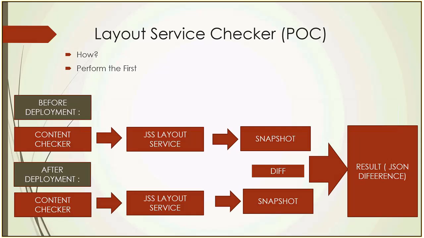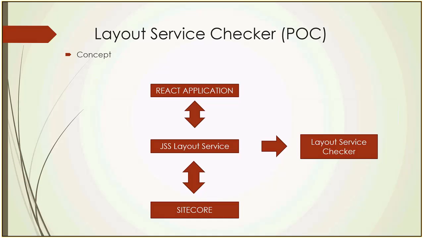Okay. So on this slide we can see where the layout service will perform the action. At the top you probably have a client-side application, like a React application, or a mobile application, something that uses the layout service. And the layout service checker will be in the middle of that, using the JSS layout service API and checking whether what you're providing to the React application is the same or not.